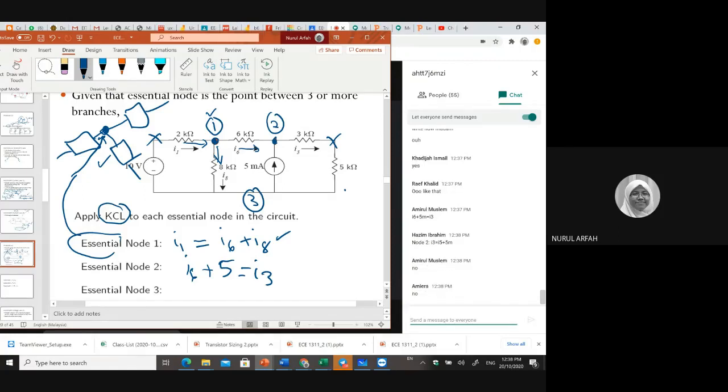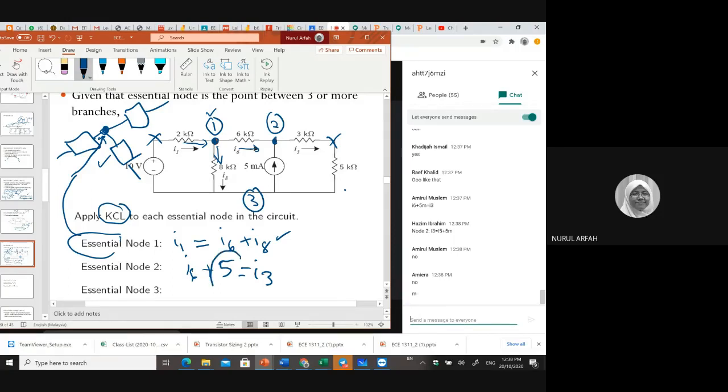Why no? Because there's no milli here, no prefix. If no prefix, then wrong answer, okay? So kita dah sehati sejiwa, kita dah letak, we need the prefix. If you give me without the prefix, I will mark it wrong.